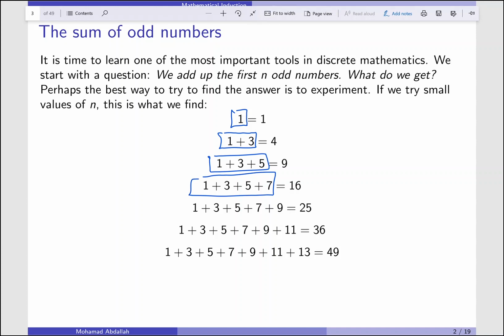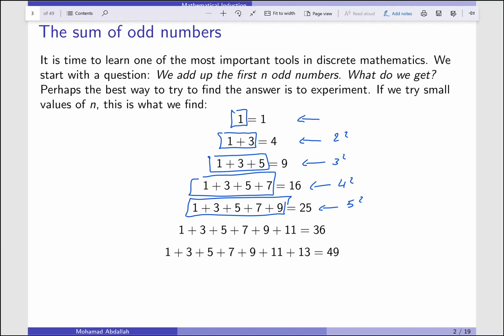Do we have any pattern here? Well, if you look at the numbers on the right-hand side of each of these equations, you can see that this is 1, this is 4, but 4 is 2 squared, 9 is 3 squared, 16 is 4 squared, 25 is 5 squared, and notice here, this is the sum of the first 5 odd integers, and so on.